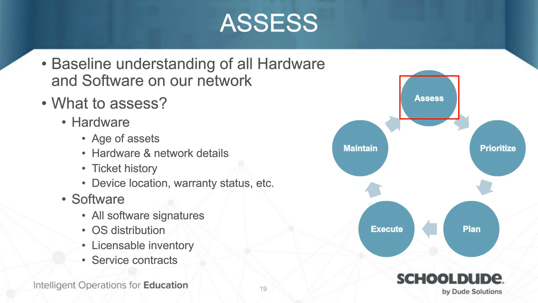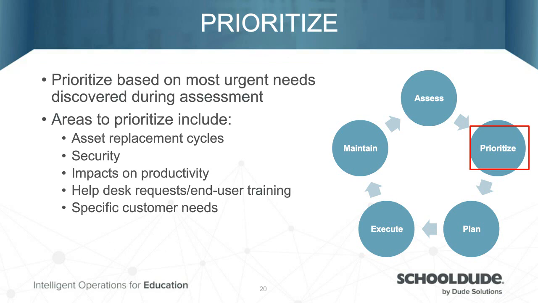Now, moving down the line here, obviously, once we've found a way to have a baseline understanding of what we have, what condition it's in, our operations, we're going to prioritize. And we're going to prioritize based on what we know. But typically, there are things that are going to drive these priorities. For instance, if I have a 4 or 5 year replacement cycle for my assets, then that metric alone is going to help me prioritize my asset replacements. But looking at issues like, how is this going to impact security?